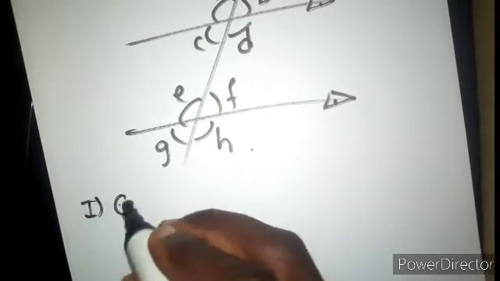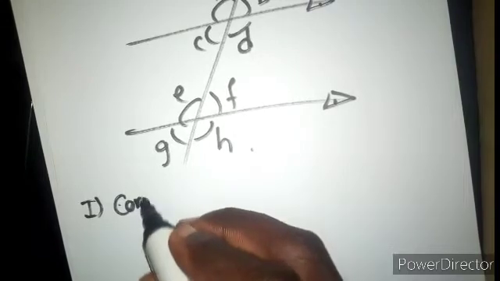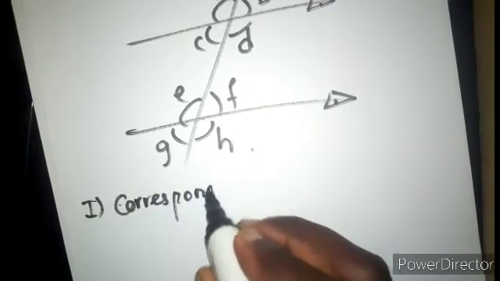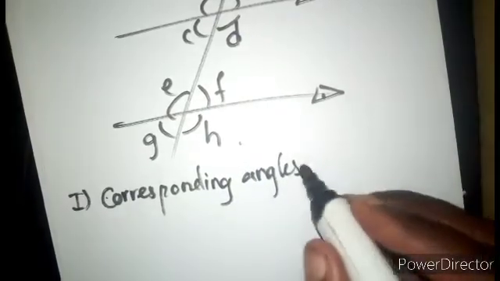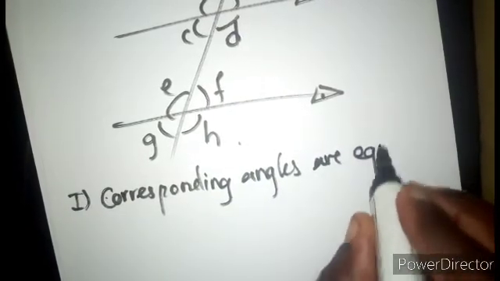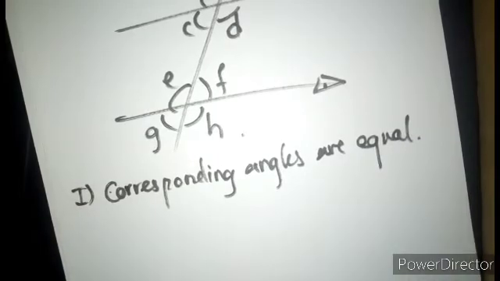The first is what we call corresponding angles. Corresponding angles are equal. First fact.